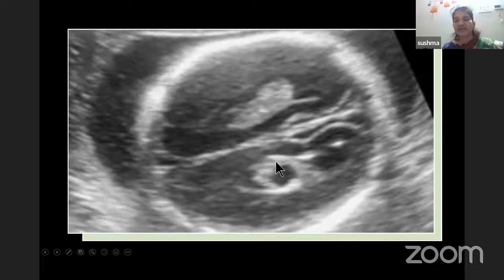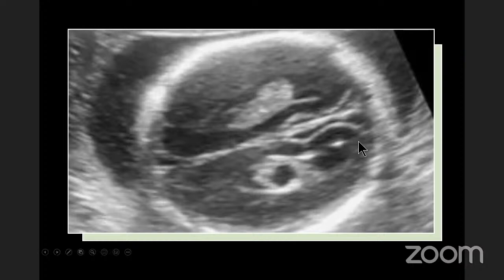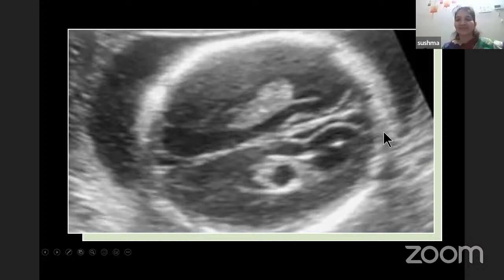Anybody want to take a guess what this is that we see in the transventricular plane within the choroid plexus? Okay, fine, I'll go on. This is a choroid plexus cyst.